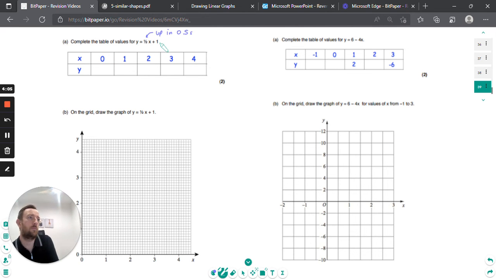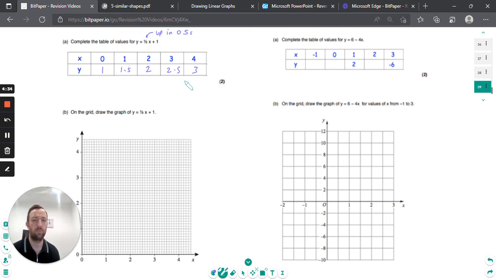And then add 1 is 1. And I know it's going to go 1.5, 2, 2.5, 3, but let's just prove why that is. So half of 1 is 0.5, and then plus the 1 will be 1.5. Half of 2 is 1, and when I add 1 to it, 1 plus 1 gives me 2. So as I said before, it's going up in 0.5.